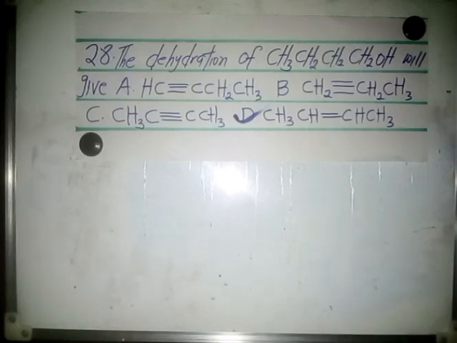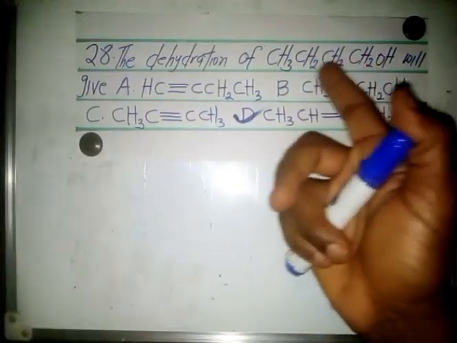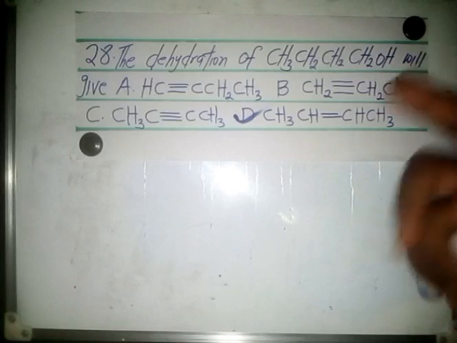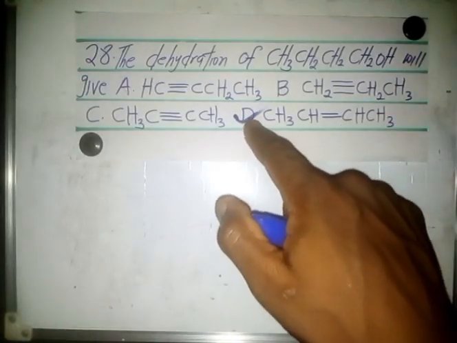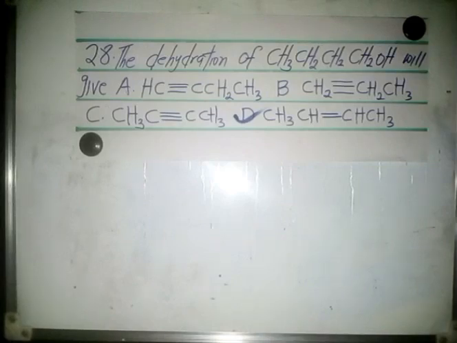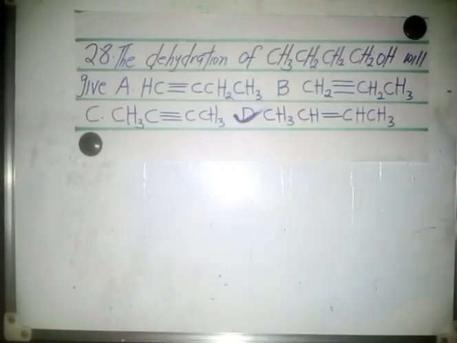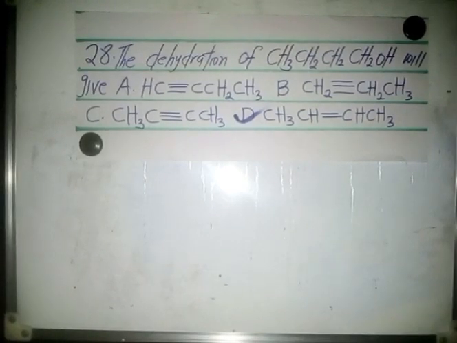It forms both of them, but the major product that will be formed when this compound, but-1-ol or butanol, undergoes dehydration is going to be but-2-ene. When you dehydrate butanol or but-1-ol, the major product that will be formed is but-2-ene.